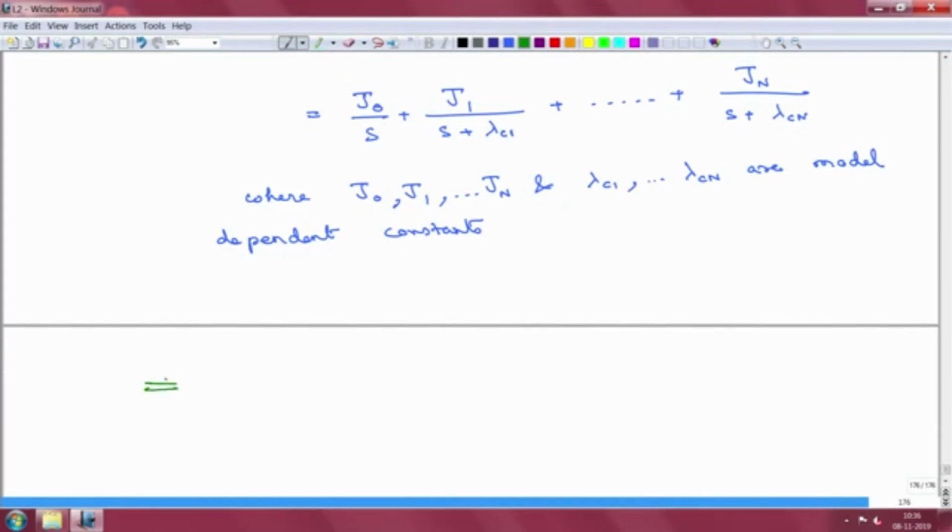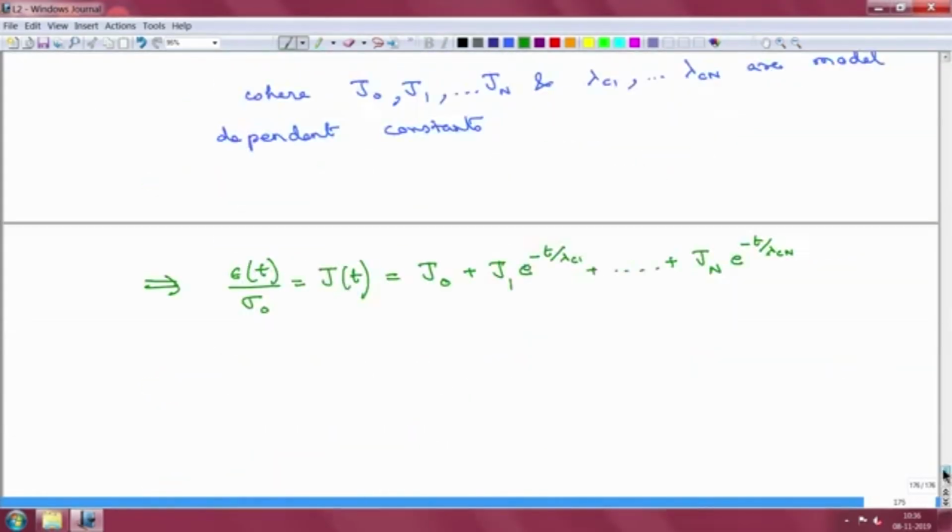Your epsilon t by sigma naught, which is the same as the creep compliance function, is now going to be some j naught plus j 1 e to the power minus t by lambda c 1 plus and all the way up to j n e to the power minus t by lambda c n.